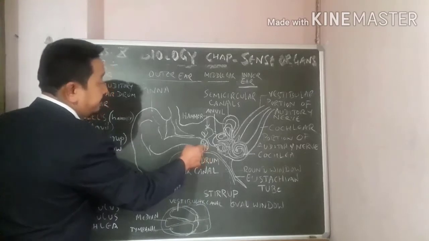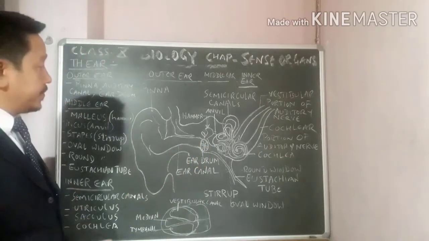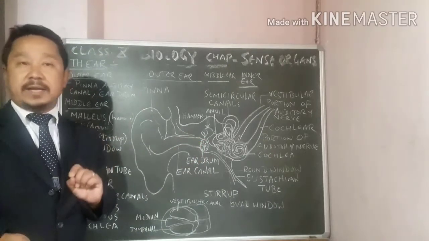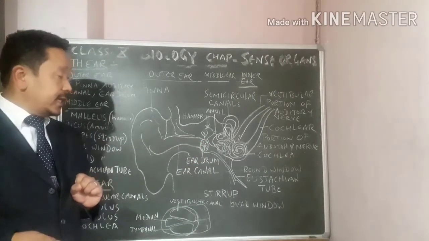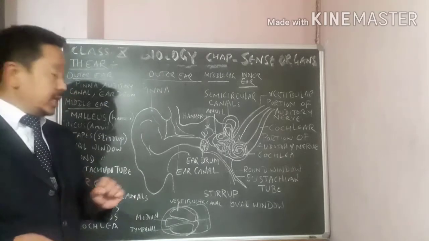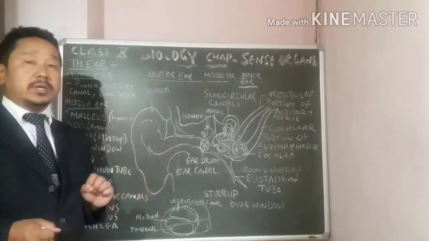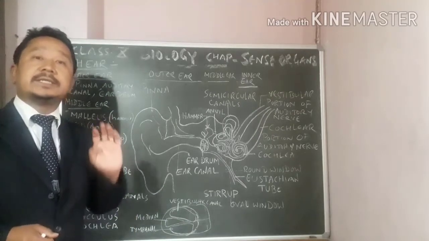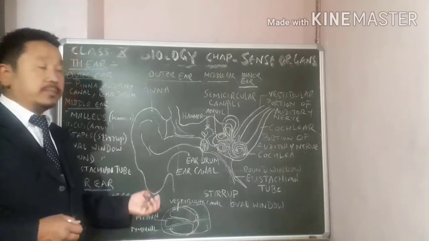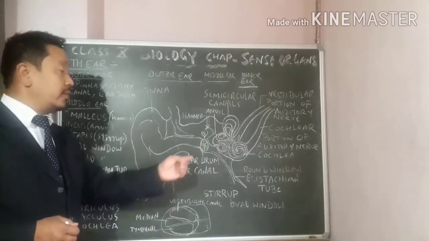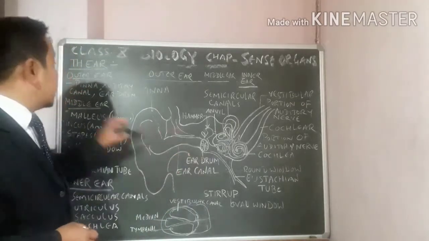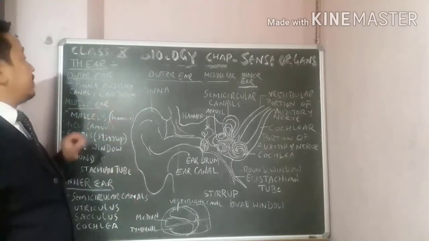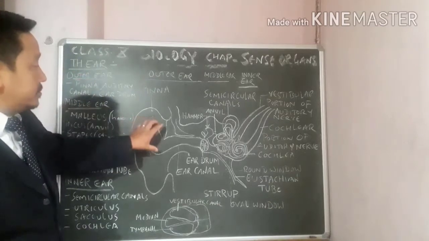The eardrum is also termed the tympanum, T-Y-M-P-A-N-U-M. Tympanum is the other name of the eardrum. So these three parts, pinna, auditory canal, and eardrum, are the parts of your outer ear.